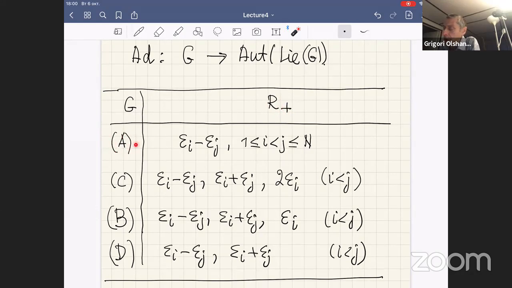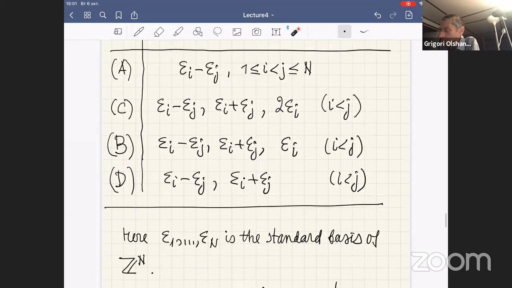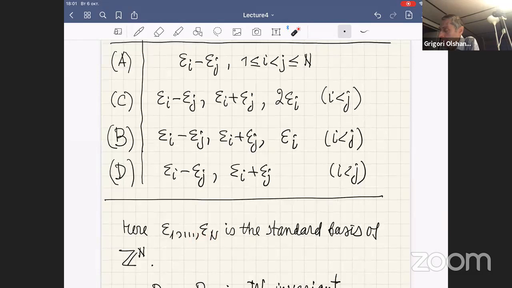So in type A, the roots are as follows. Here the epsilons are the standard basis of our lattice, the natural basis. So epsilon 1 is the vector 1, 0, 0, 0, 0.